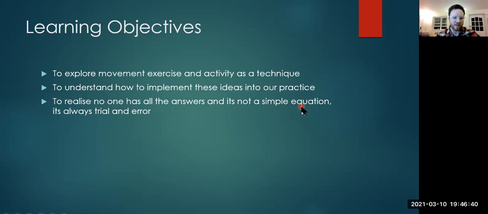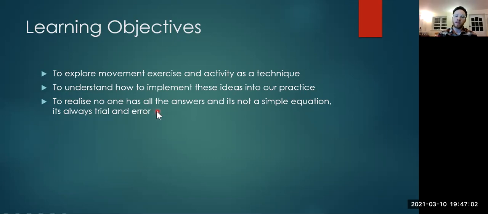It's not yes or no. It's not, if this test shows this, then you should do this. It's very much trial and error. That's all we can really do: try something, see what happens, and then mark down our results.